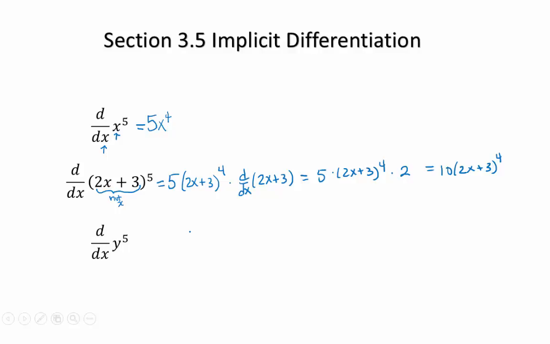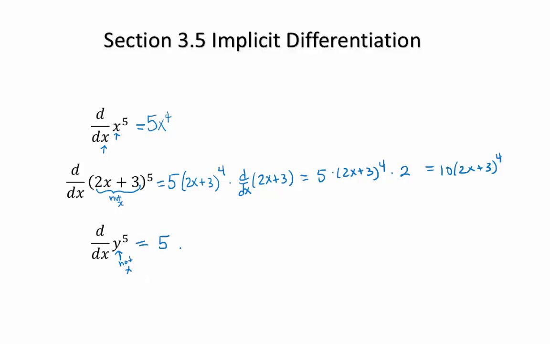Now what I want to talk about today is the same idea just with a different variable. So here again, we want to take the derivative of something raised to a power. The problem is this something, the base, is again not x. That's okay. According to the chain rule, we still bring the 5 out front.